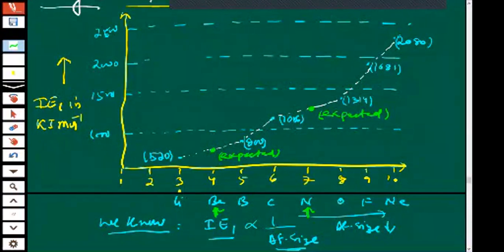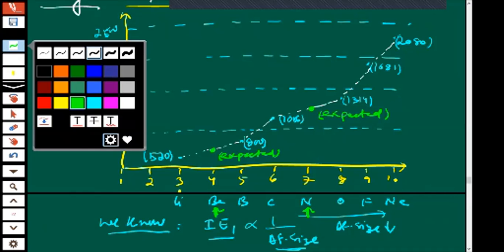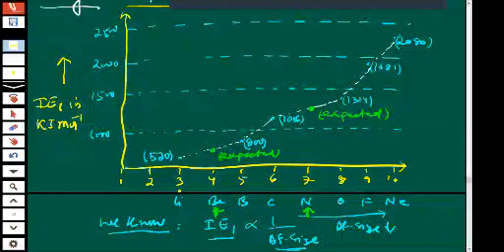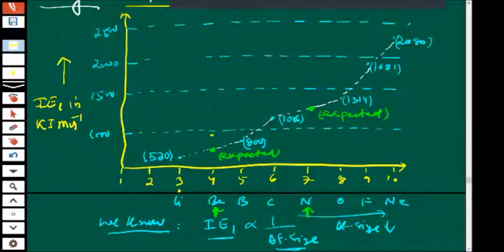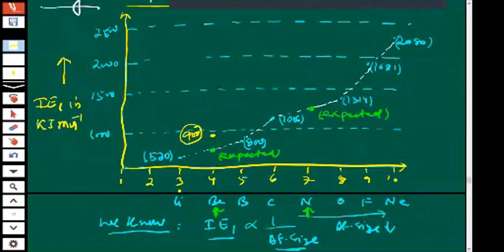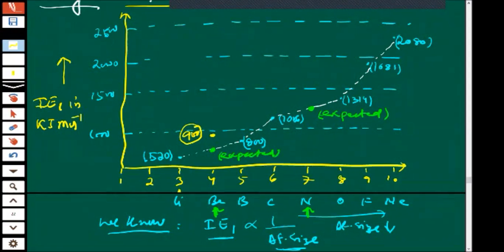Now let us find the exact value that beryllium has. Beryllium has somewhere here, children. The value is 900. That you have to remember, 900. And nitrogen, instead of being here, has the value 1402, somewhere here.